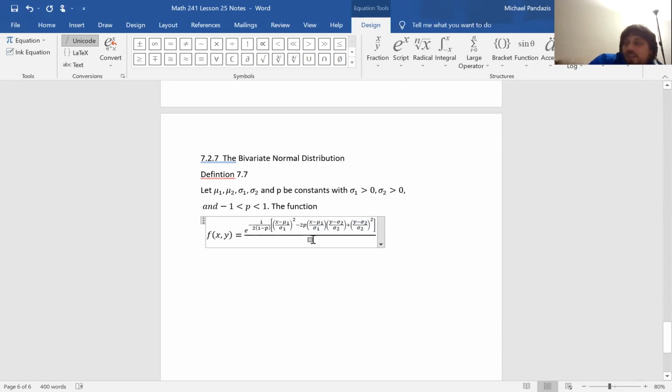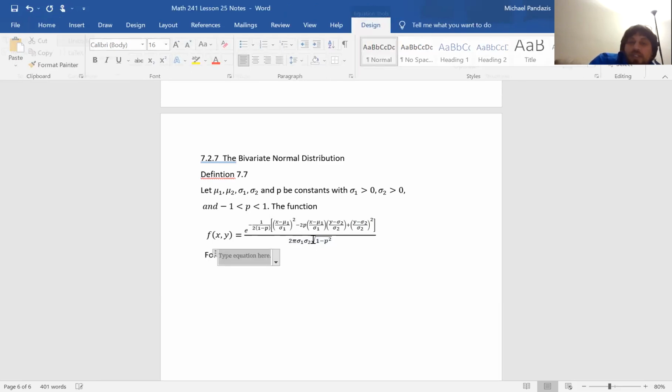And then in the denominator, it's 2 pi sigma 1 sigma 2 times the square root of 1 minus p squared.